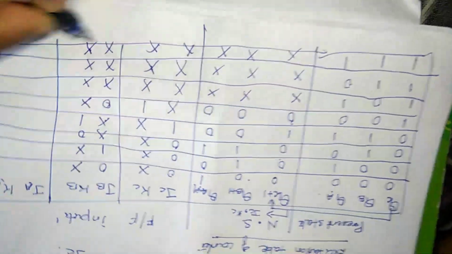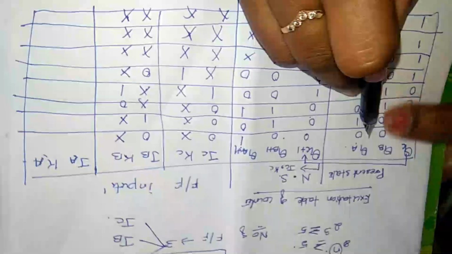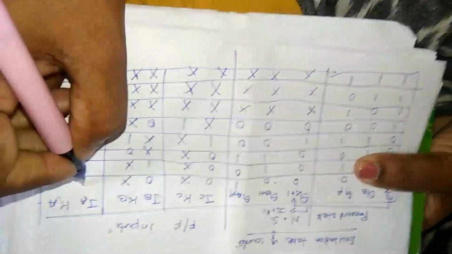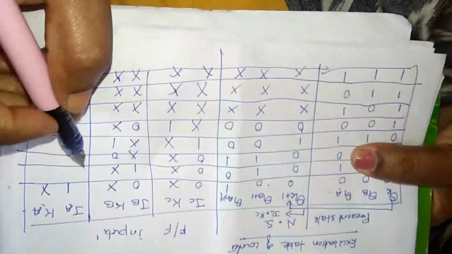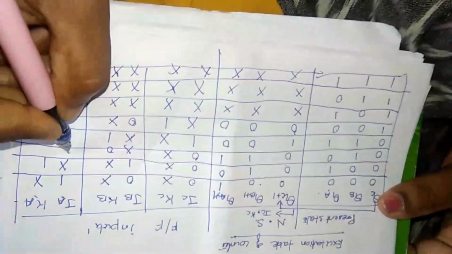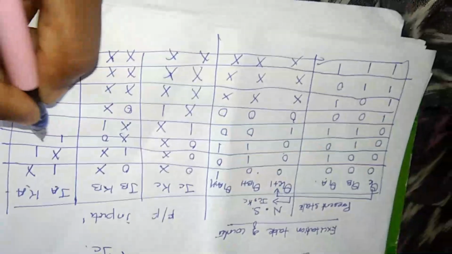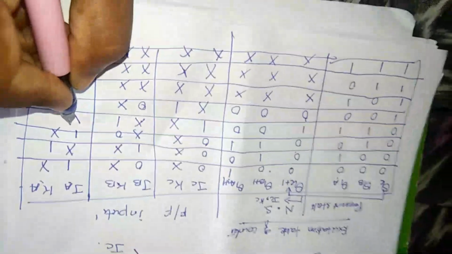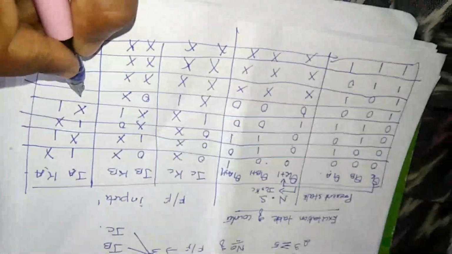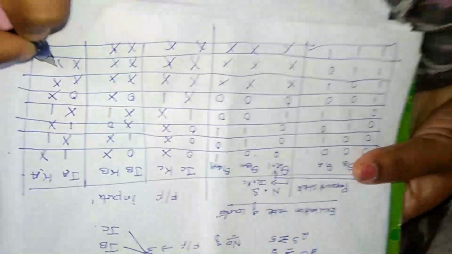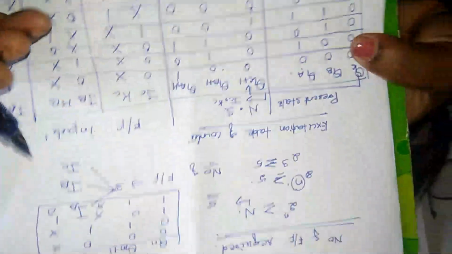Now let me come to JAKA. So considering QA, QA plus 1, 0, 1 is 1x. Okay, so you have 0, 1, 0, you have x1. For the next case you have 1x and x1 and 0x, and for the remaining inputs you have don't cares. So let me write that for you all.